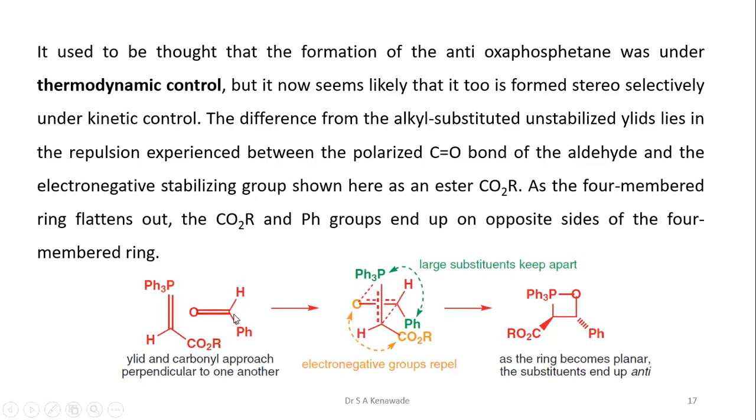Then what happens? Partial bond formation takes place, and this oxygen and this carbonyl oxygen, these two oxygens are electronegative species. When these are in the same direction, the electronegative groups repel each other. Then PPh3 and Ph, the green part, the large substituents, also keep away. Hence, the oxaphosphetane takes an antiplanar structure.